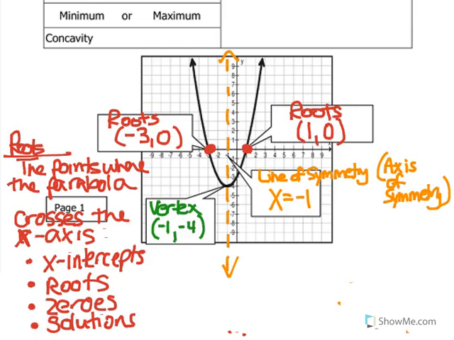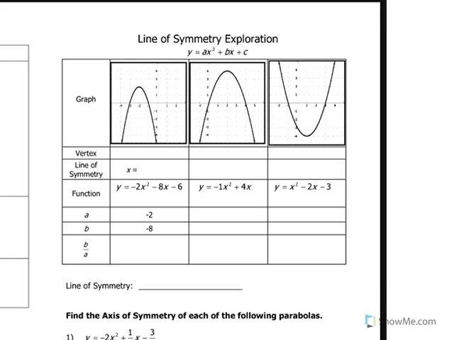Now let's go to page 2 and identify some things on some graphs. We have 3 graphs up here at the top of page 2, and I would like you to quickly hit pause and identify the vertex and the line of symmetry on all 3 graphs. I'm going to hit pause as well. You do it, and then we'll check our work. Then we'll discuss what's on the bottom.